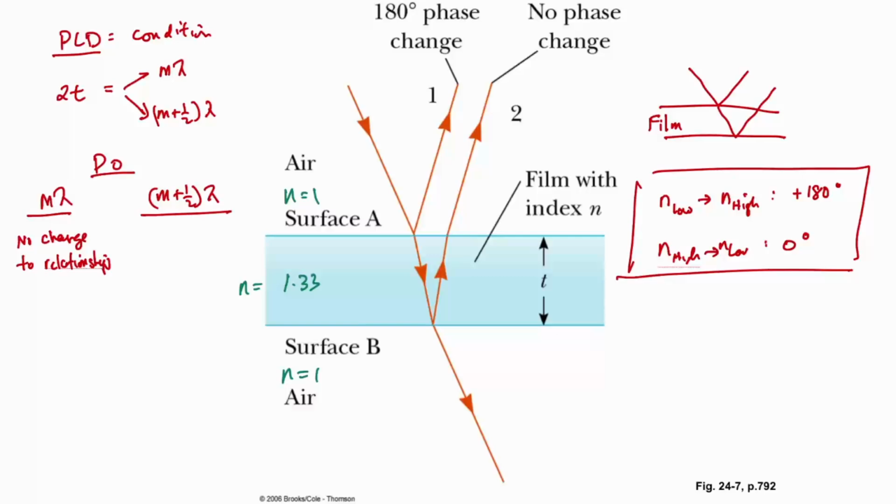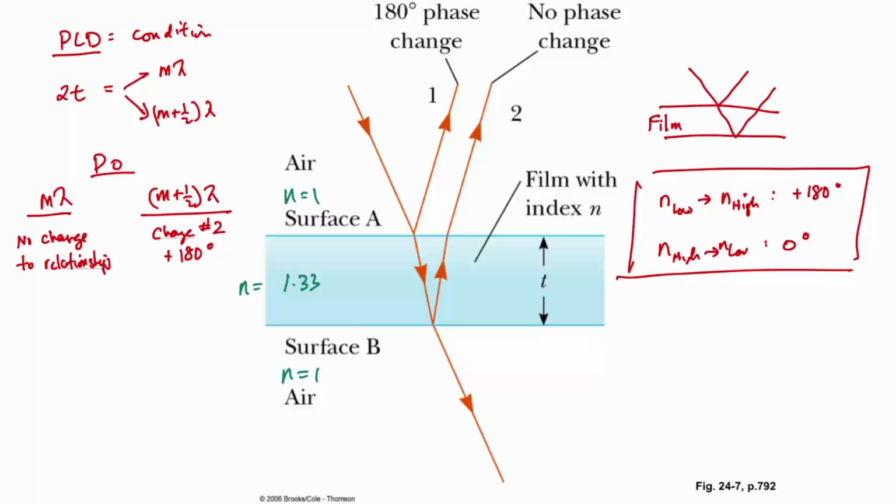But the meaning of no change depends on the situation. We'll get to that in a second. So if m lambda means don't change anything, what does m plus a half lambda mean? Change it. Change ray number 2 by adding 180 degrees to its phase. Again, that plus half means 180, right?